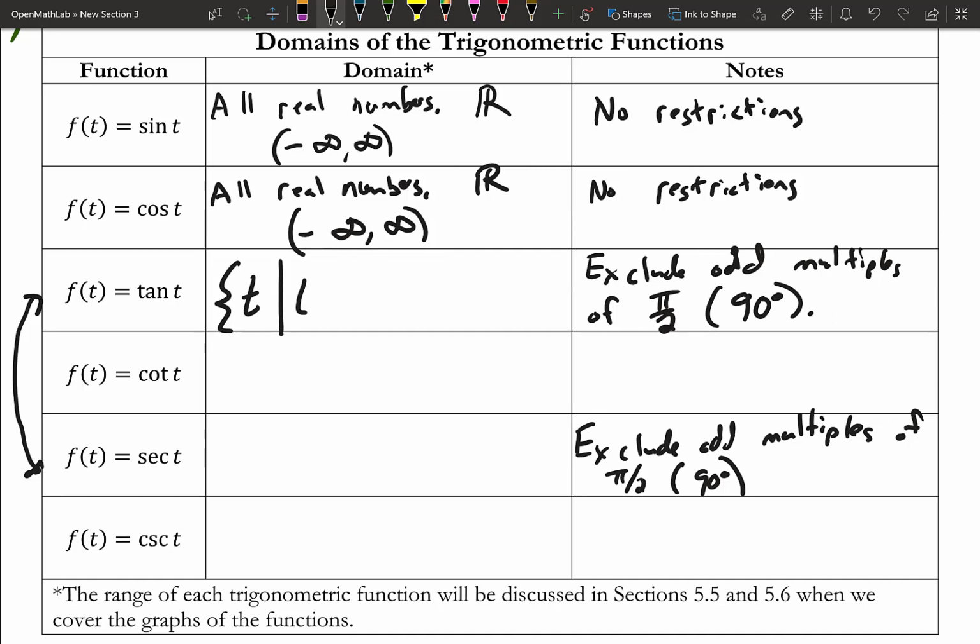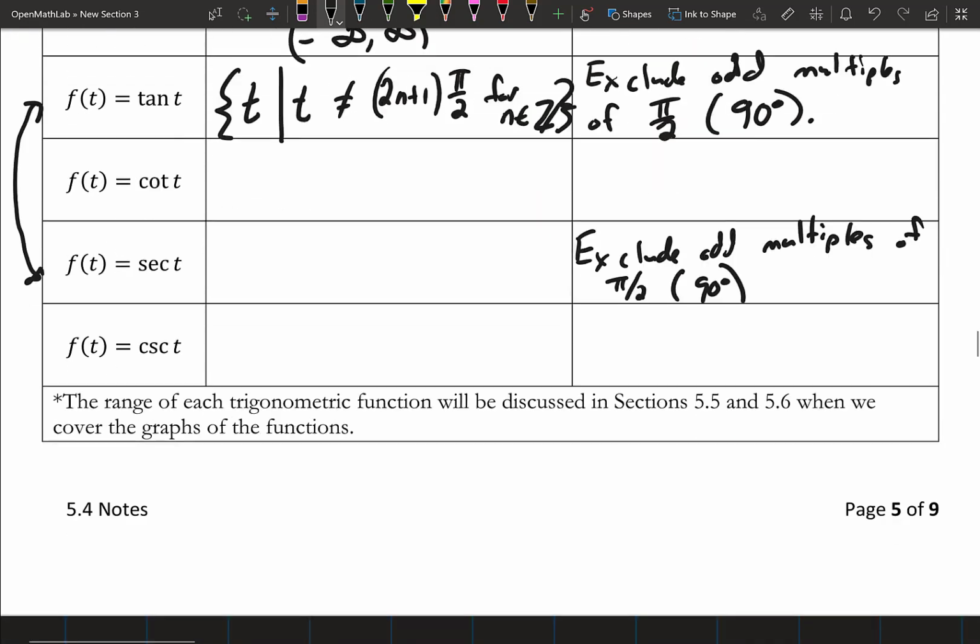So the condition is that T cannot be equal to 2n plus 1 times pi over 2 for integer n. Right, so that's set builder notation, right? I believe you should have gone over that in college algebra. If you don't know set builder notation, feel free to drop in my office hour, and I'll be glad to help, or send me an email.